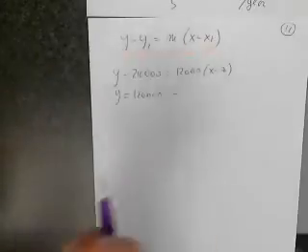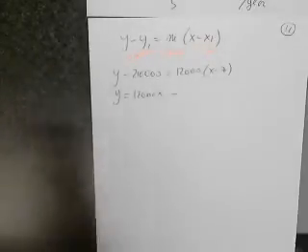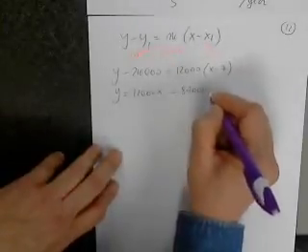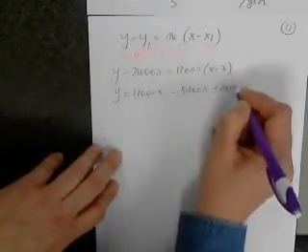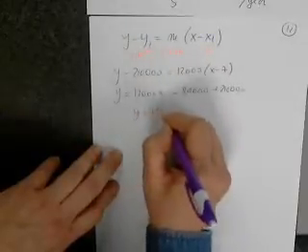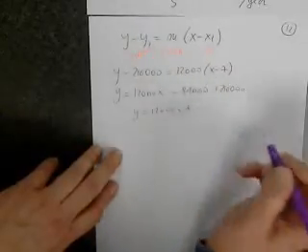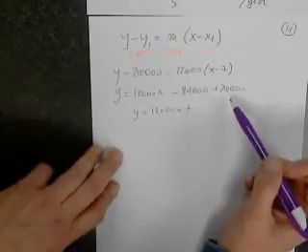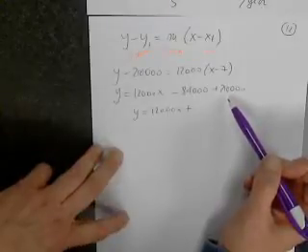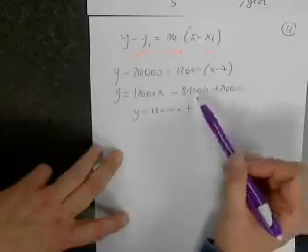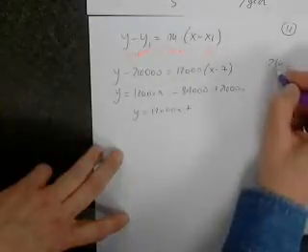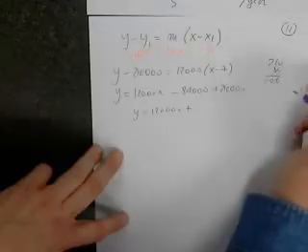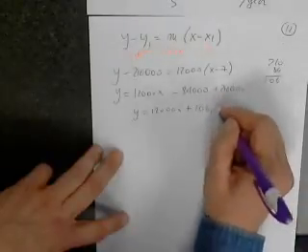Yes, my 84,000 plus 210,000. So y equals 12,000x plus 116, is it? Uh, 106. Correct me if I'm wrong.